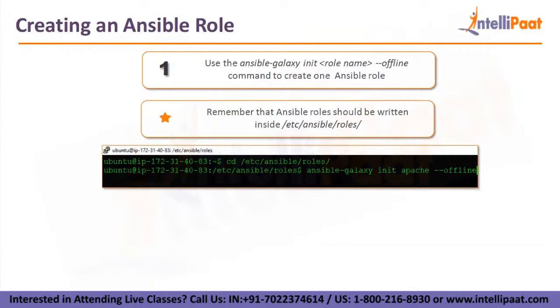Second thing, those roles are generic. That means those roles are written to keep all the flavors, all the different types of VMs, like Windows 32-bit, 64-bit, Linux, Mac, all those things. They have written the code for all the different types of OS. So the time taken for execution will be more for those kinds of roles.